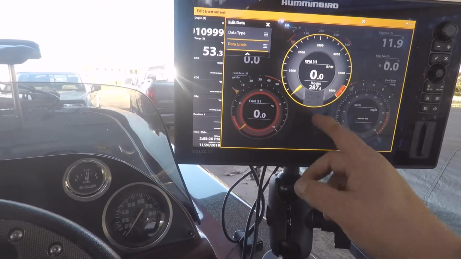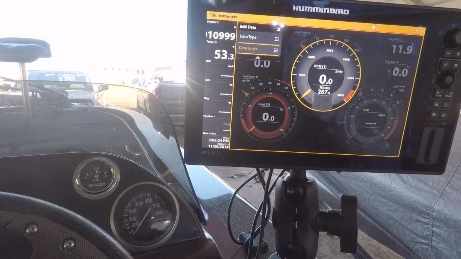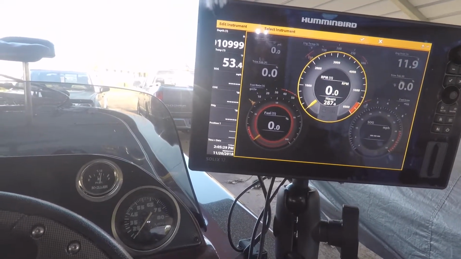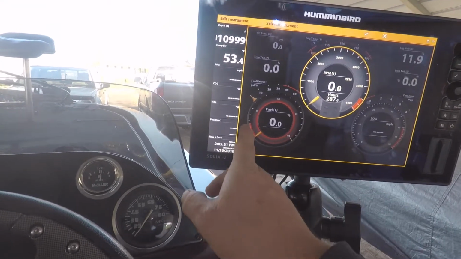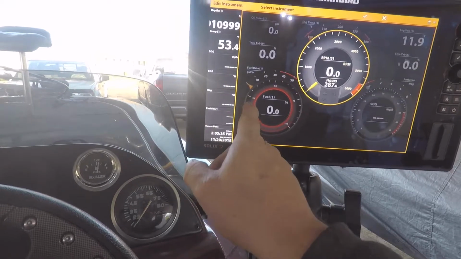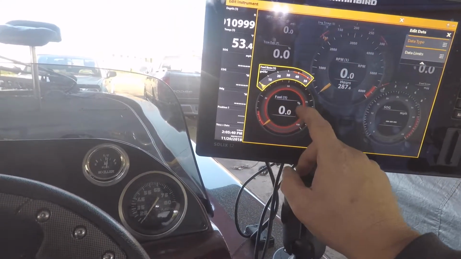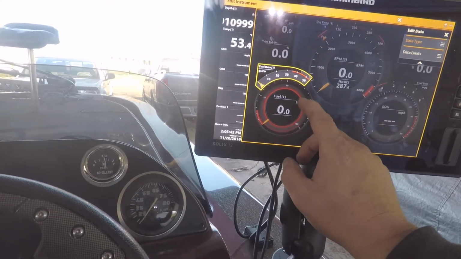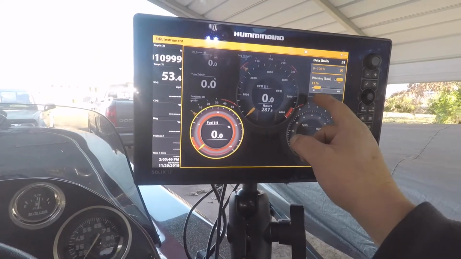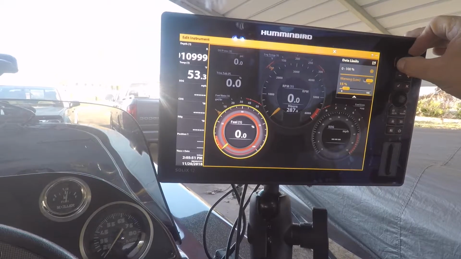Now this is showing my red, same thing with the warnings on your low. So if you want, we're going to select our limits, and you've got 13%.